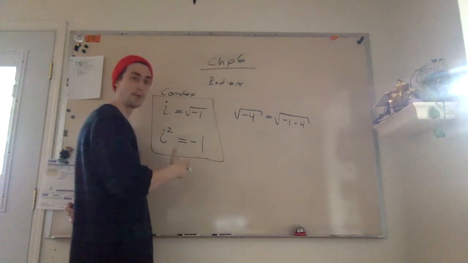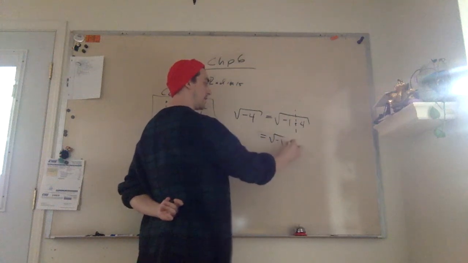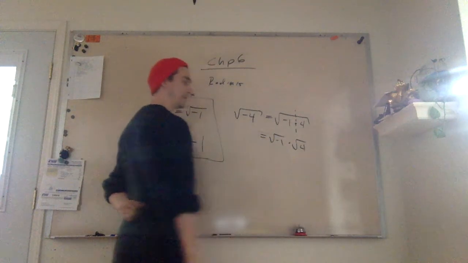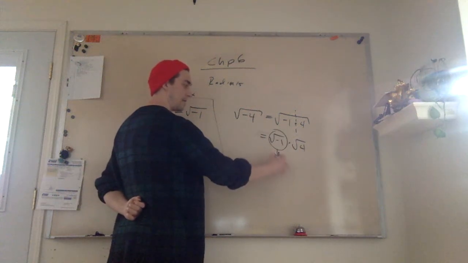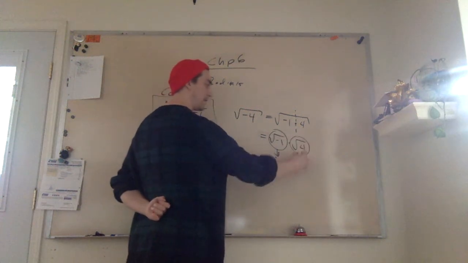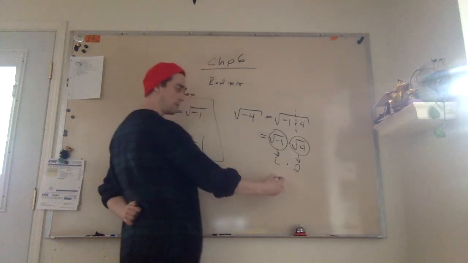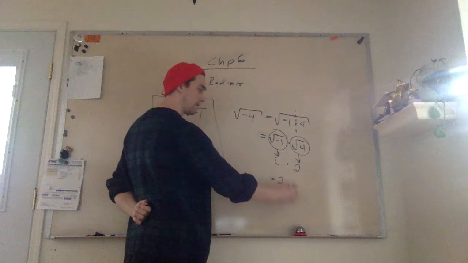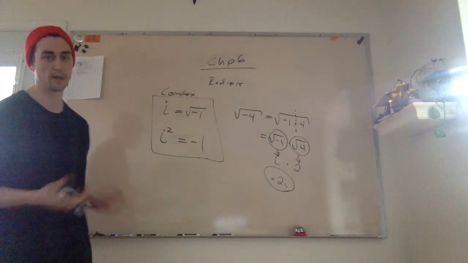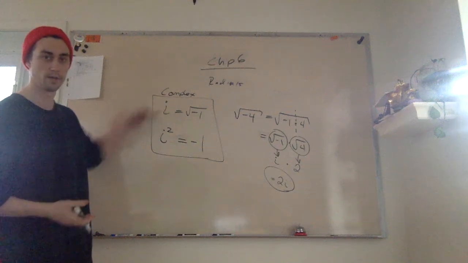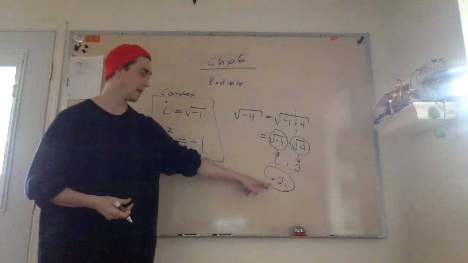Then you can use that property of exponents that we've been using the whole time to split this up into the square root of -1 times the square root of 4. The square root of -1 is the number I, and the square root of 4 is the number 2. So you get I times 2, which we normally write as 2I. You treat it like a variable, but it's not a variable. It's a constant. It's the square root of -1. So the square root of -4 is 2I.